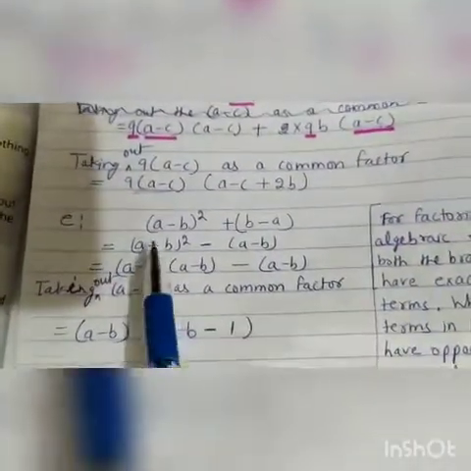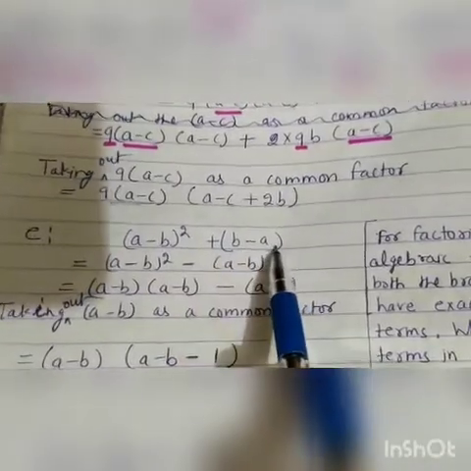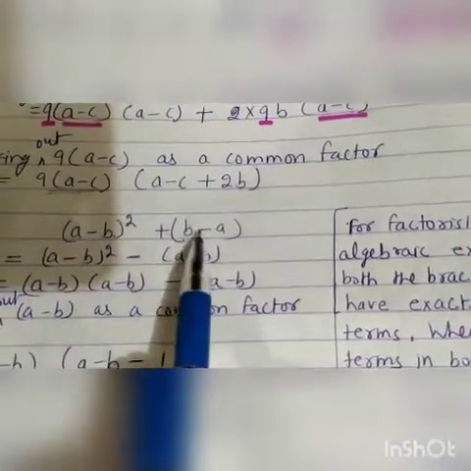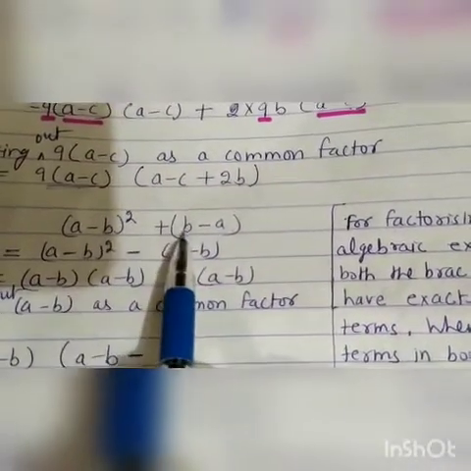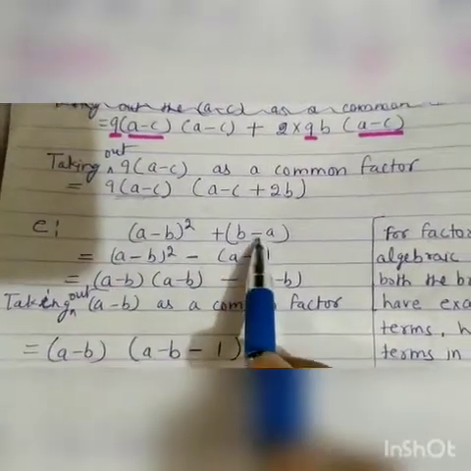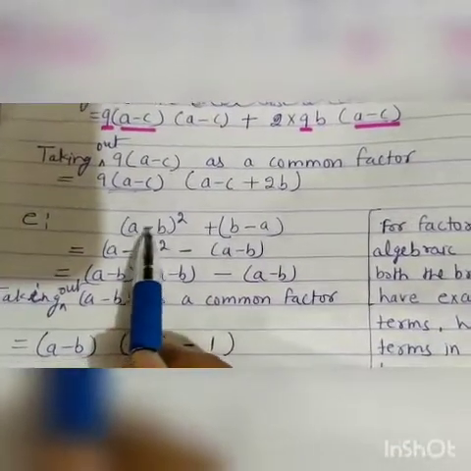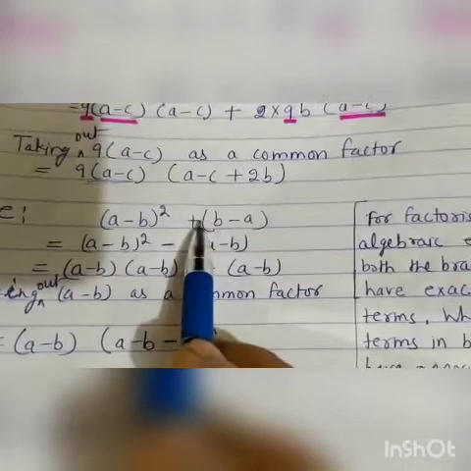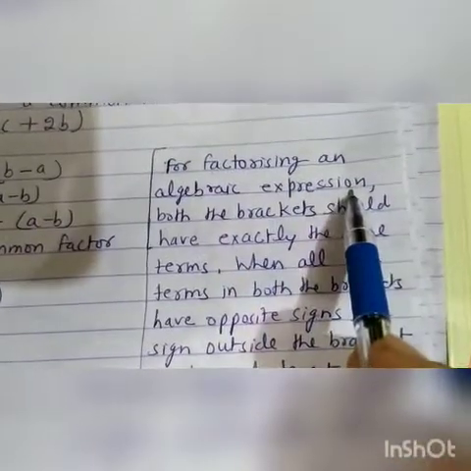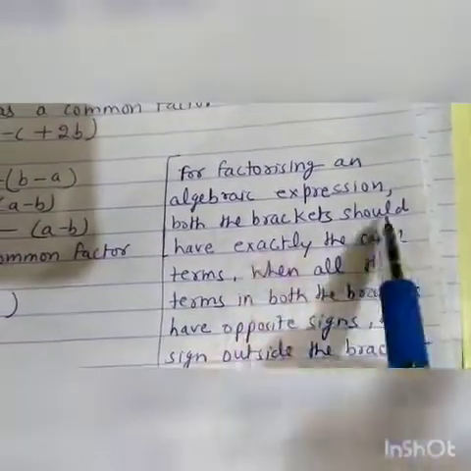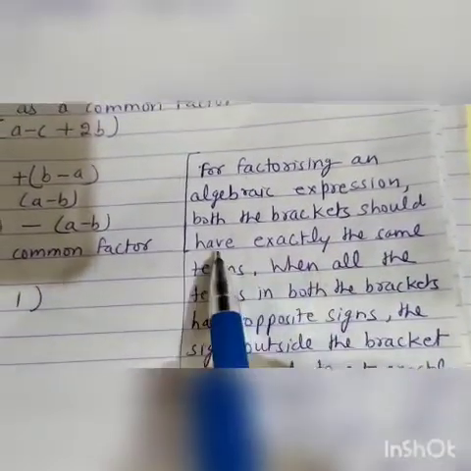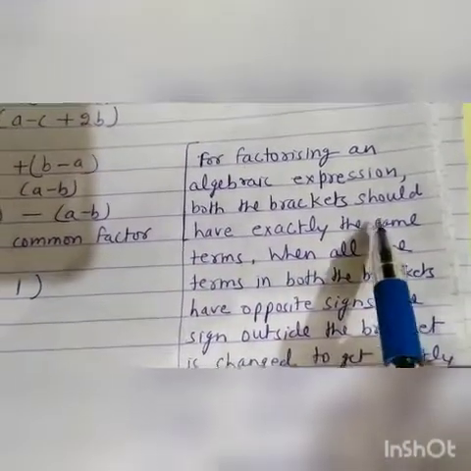Part E: (a minus b) whole square plus (b minus a). See here, if we see these two brackets, here it is a minus b and here it is b minus a. If we see the sign, here a is plus and here a is minus. Here b is minus, and here this b is positive. So for factorization of an algebraic expression, both the brackets should have exactly the same terms.